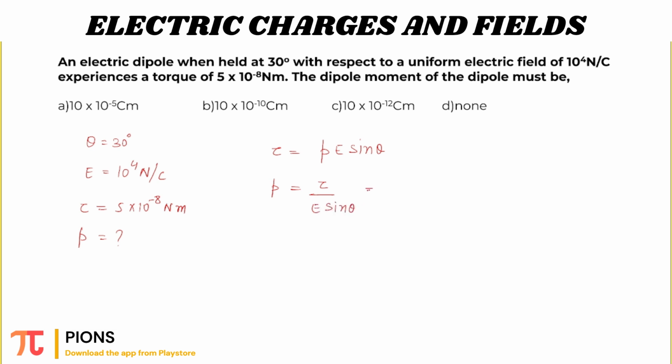And tau is 5 into 10 to the power minus 8, E is 10 to the power 4, and sin 30 degrees is half. So taking the 4 on the top, it will be 5 into 10 to the power minus 12. And sin 30 is half, so taking the 2 on the top, it will be 10 into 10 to the power minus 12 Coulomb meter, and that's our dipole moment P, which is option C.